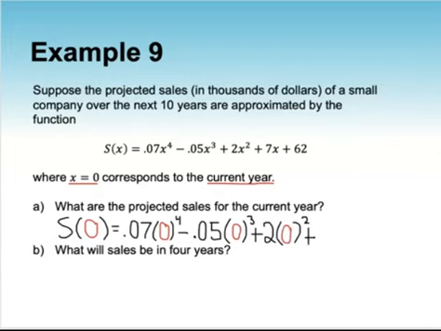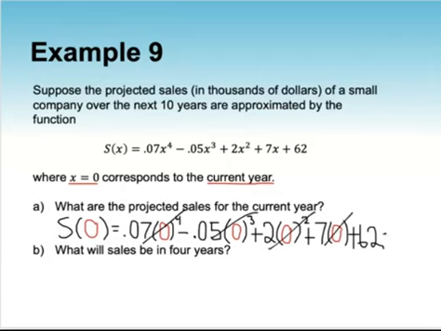plus 7x, but instead of x again, we're going to do 0. So 7 times 0. And then plus 62. Well, it's easy to see here that everything that has a 0 is just going to cancel out because you're multiplying by 0.